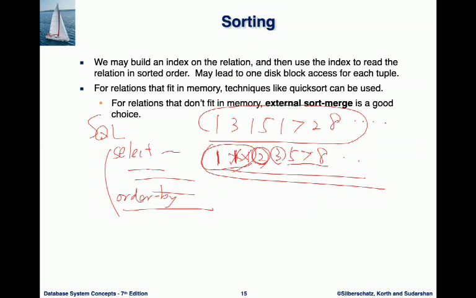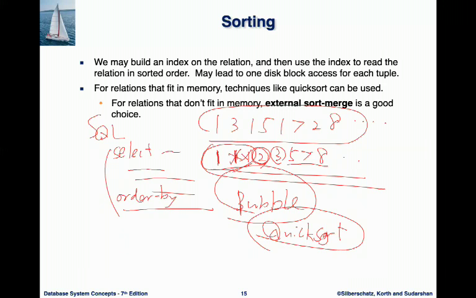And let's say you agree that sorting is going to be very useful. Then the next question is, how can we do sorting? You learned some sorting algorithms, maybe starting from bubble sort, quick sort, merge sort, radix sort.